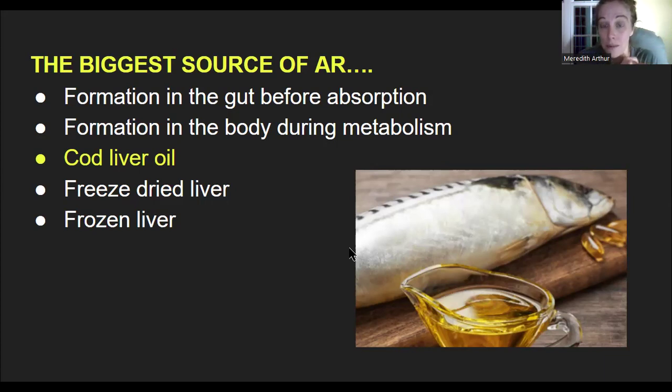So I would be very cautious about liver as a source of vitamin A, unless it's the only thing you tolerate. On frozen liver, if you think about it, if you reduce the temperature, then less anhydroretinol would form. But how much anhydroretinol was in that liver to begin with? Same thing with regular liver, right? How much is in there? We don't have the testing available to figure this out.